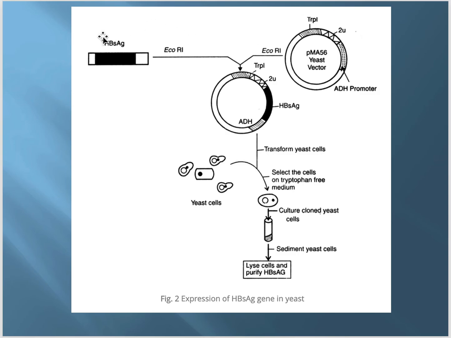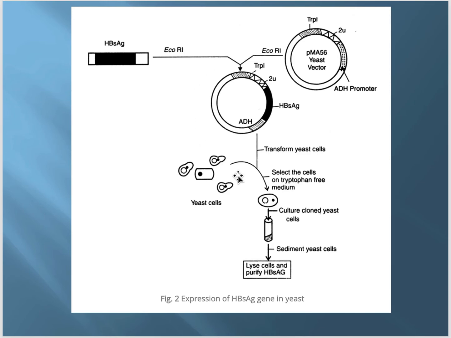So first you have to select the gene that encodes your hepatitis B surface antigen, then insert it into the plasmid. So the plasmid is ready now. Then you have to transfect this plasmid into the yeast cell. After transfection or transformation, not all the yeast cells will have this plasmid.